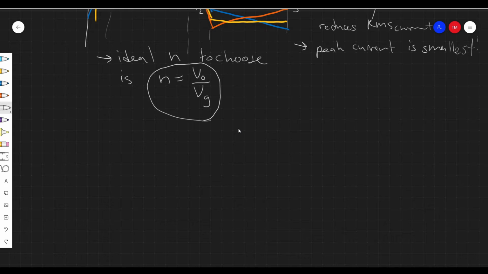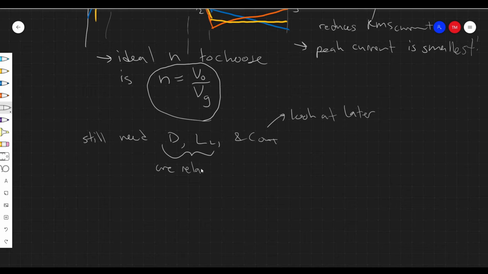Let's write out some equations. We have N, but we still need to find D. So Cout we'll look at later. These two are related to power flow. So we kind of need to solve for both of them at the same time.